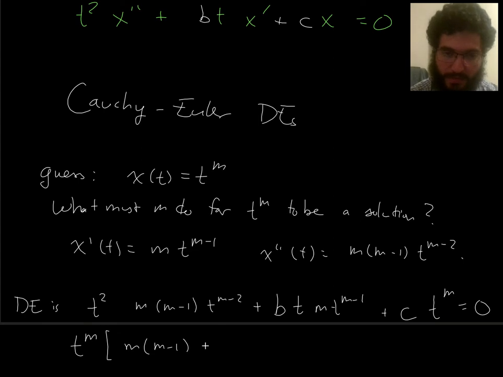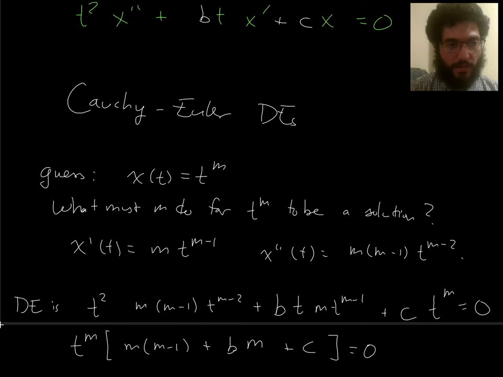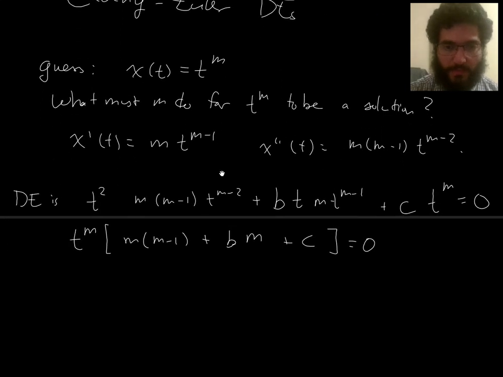So we've got this. And now I can divide both sides by t to the m. That works as long as t is not 0. t equals 0 will actually kind of cause problems for our solutions, but we might just stay away from t equals 0.